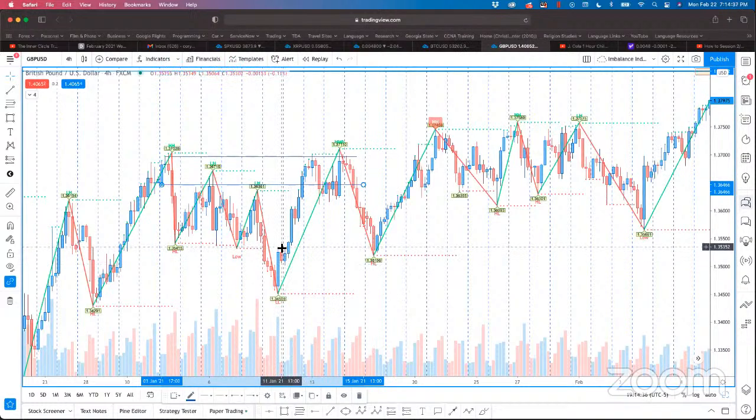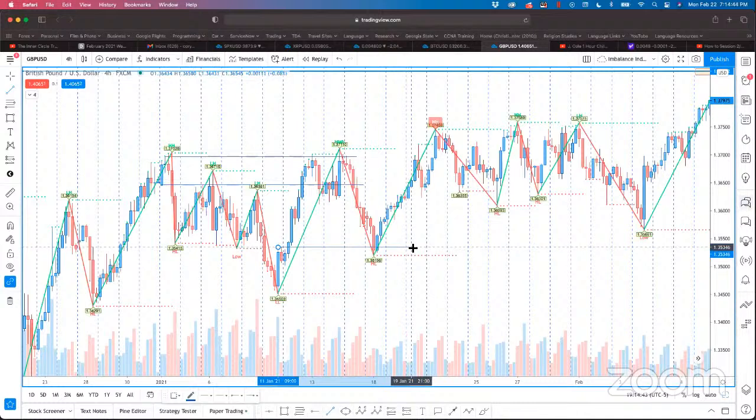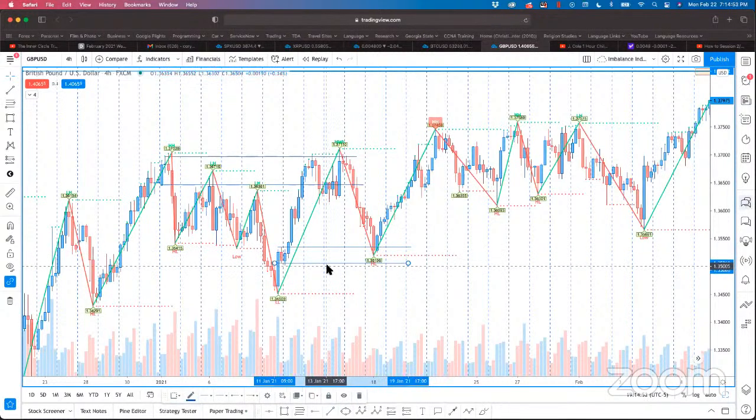And they traded back down into this bullish order block right here. They traded right back down into this one. This is a bullish order block.